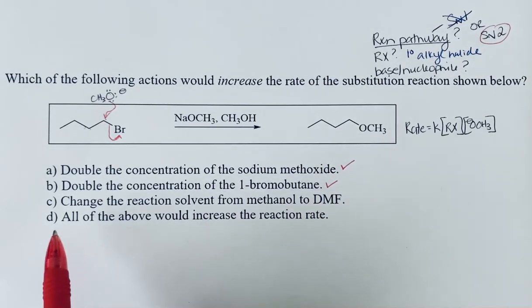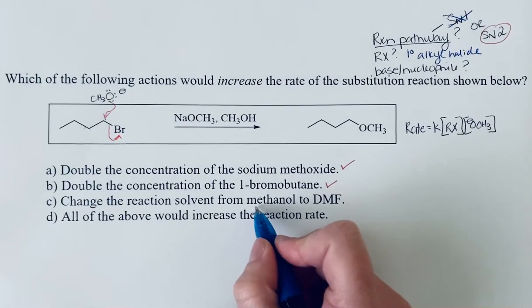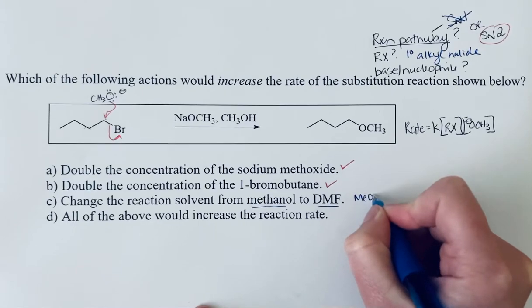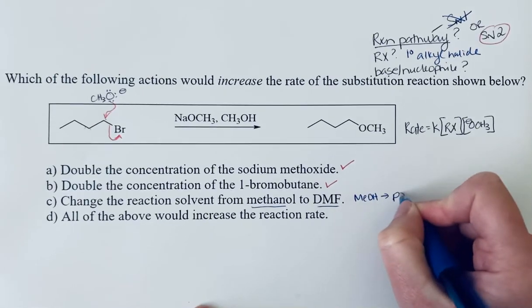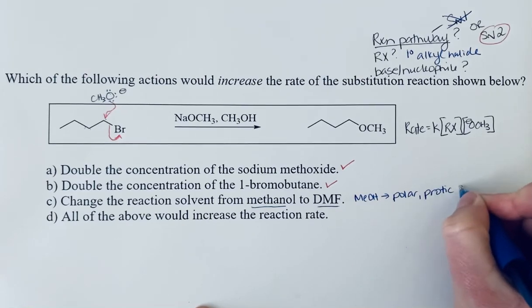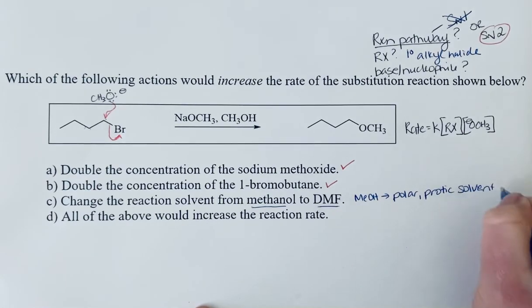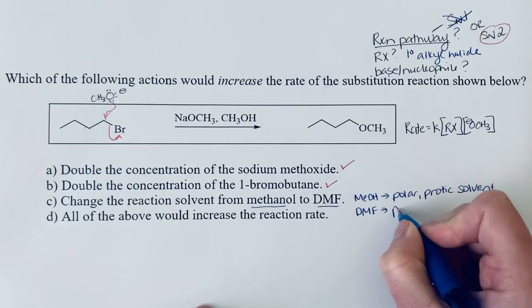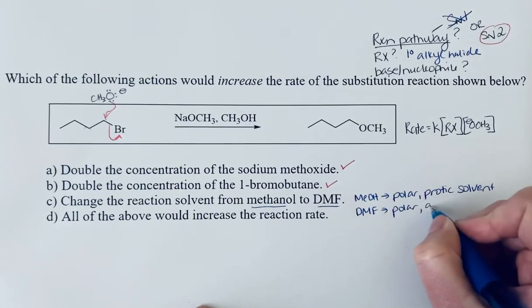In C, it asks us to consider if we change the solvent from methanol to DMF. So methanol is a polar protic solvent, and DMF is a polar aprotic solvent.